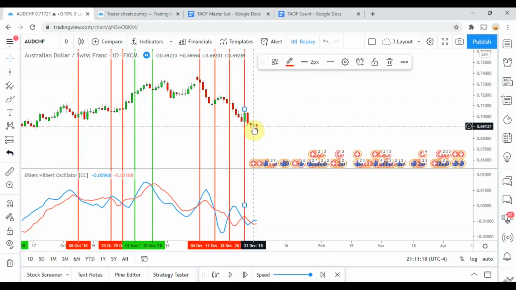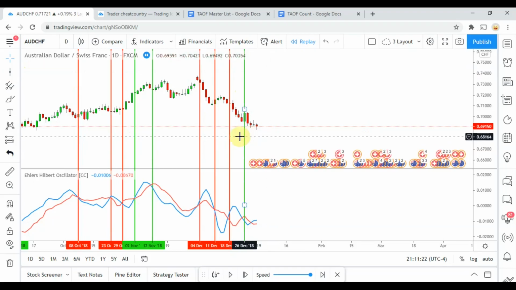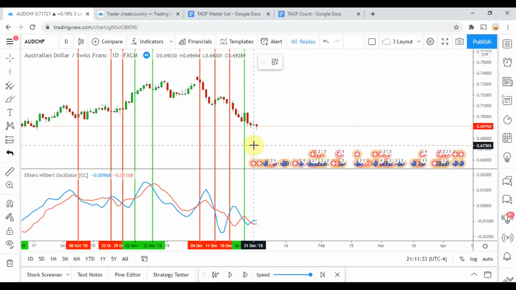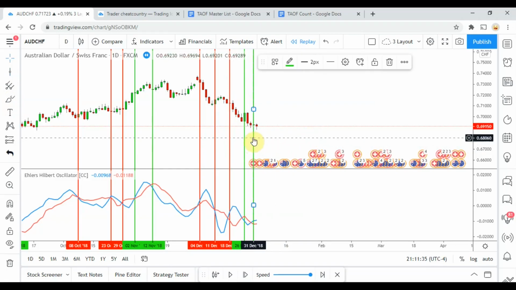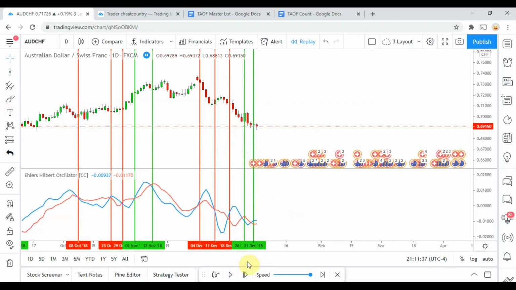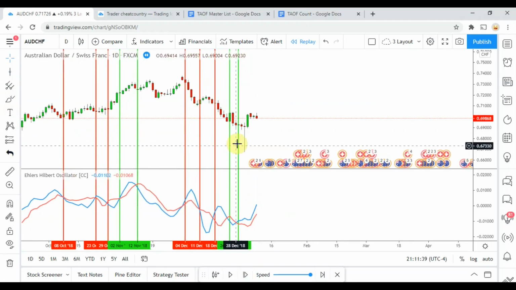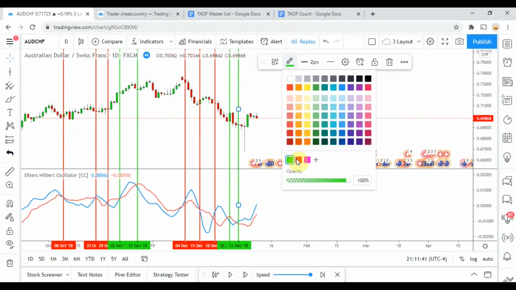Then a short right there, which would have worked out for us. And looks like we pick up one more long signal right about there. And that one also would have gotten stopped out.